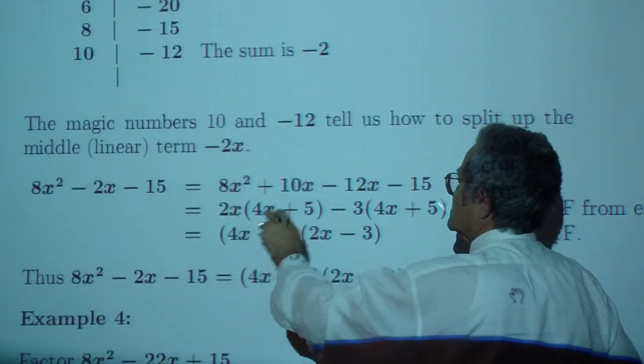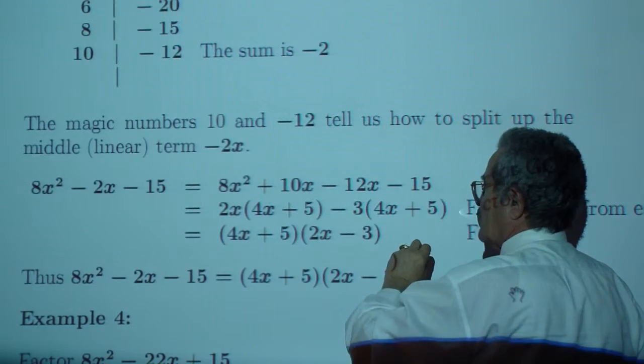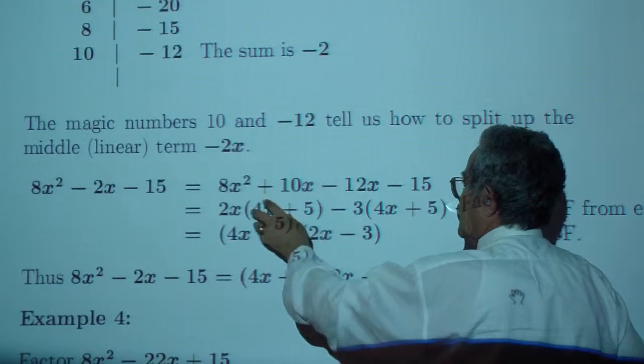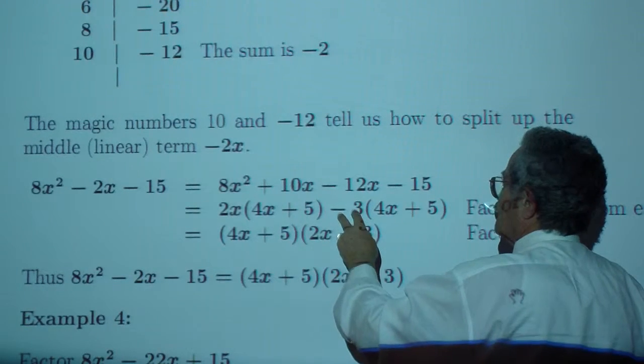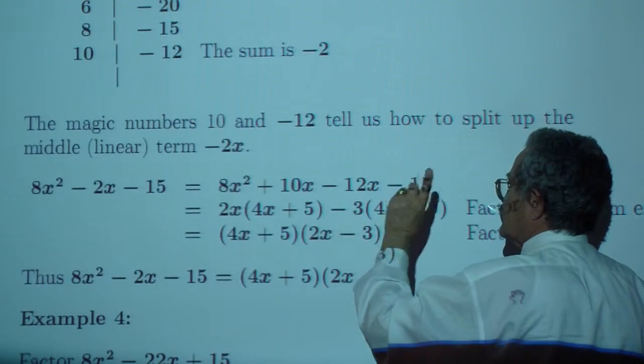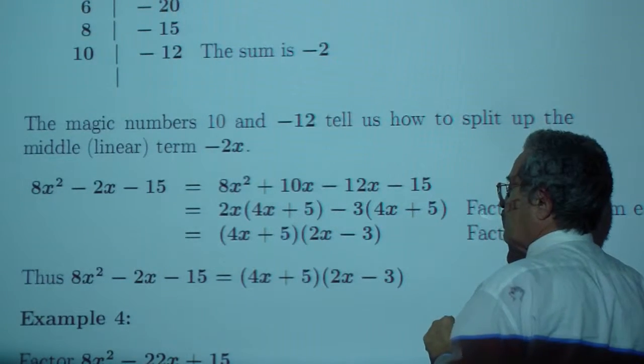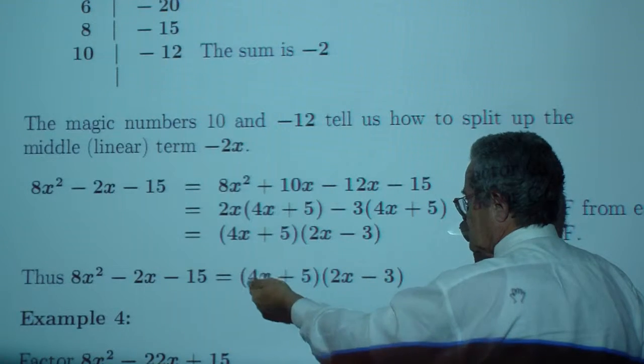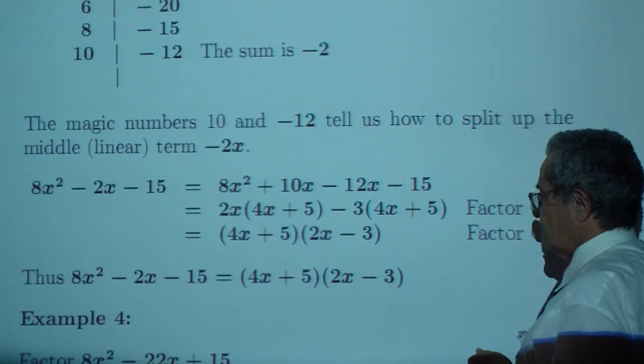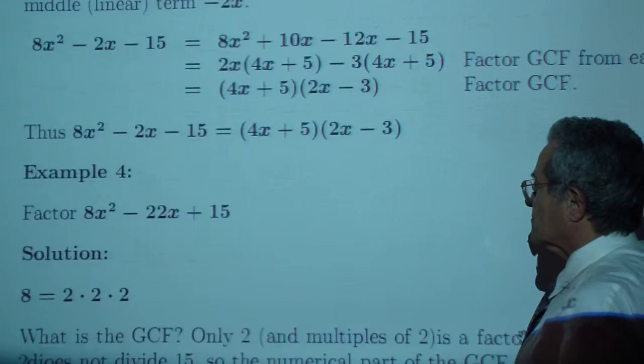The middle term is split up as 10x minus 12x. Factor 2x. Factor a negative 3 to be left with a positive 4x plus 5. And your product is 4x plus 5 times 2x minus 3.